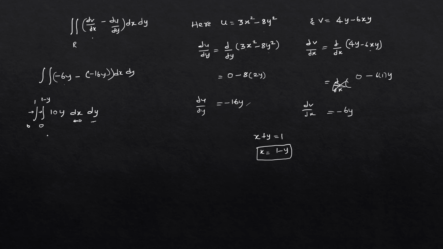Now consider the inner part: integral of 10y dx, where x is varying from 0 to 1 minus y. When we have double integration, the inside integral should contain limits in terms of the other variable. Since the inside function is x, we write the x limits in terms of y. That is what I have written here.